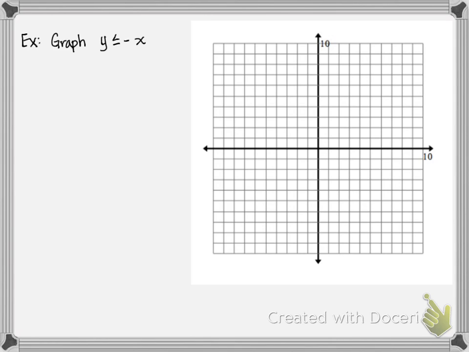Remember, when you have equations that don't have addition or subtraction in them, probably the simplest thing to do is just pick a couple numbers for x and find the corresponding y values. Because if you write y equals negative x, all it's saying is that the x and y coordinates are opposites of each other. So you just need 2 points where the two values are opposites.